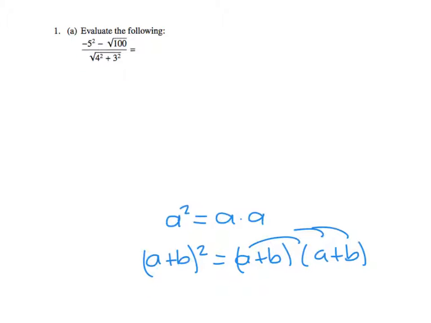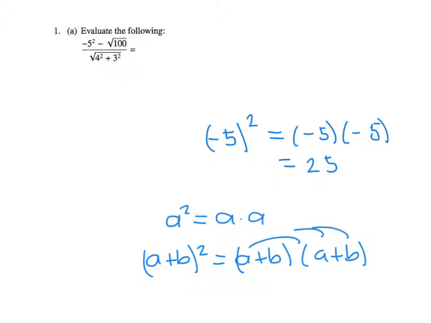But if you want to square a quantity that's negative, I also need parentheses, in the sense that if I want to square the number -5, I would need this. This means -5 times -5. So this is a positive 25.